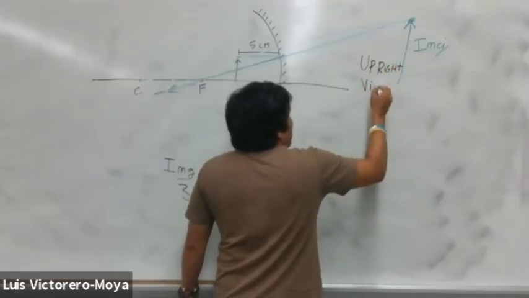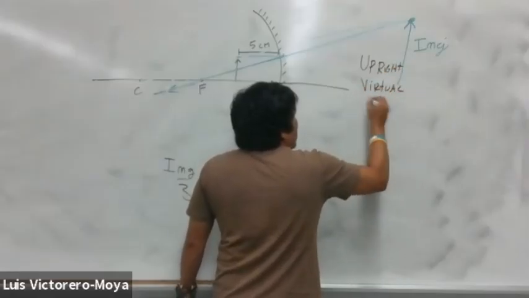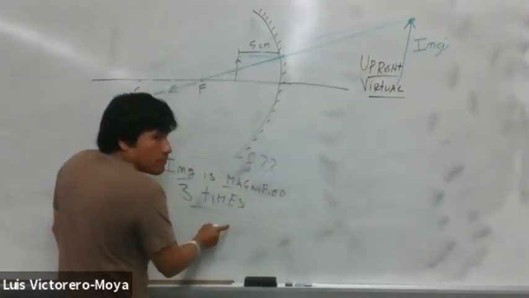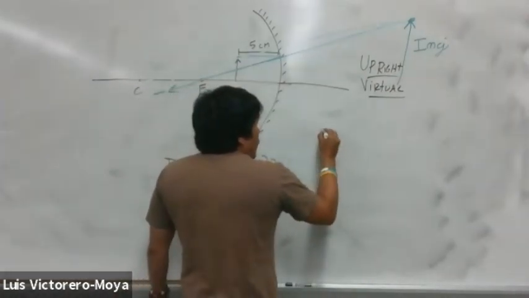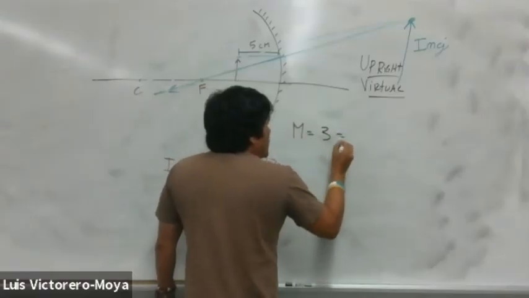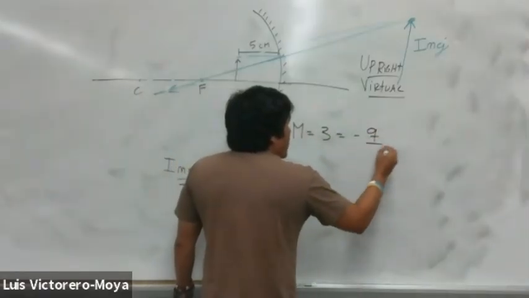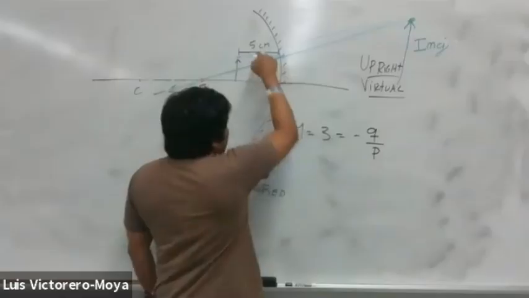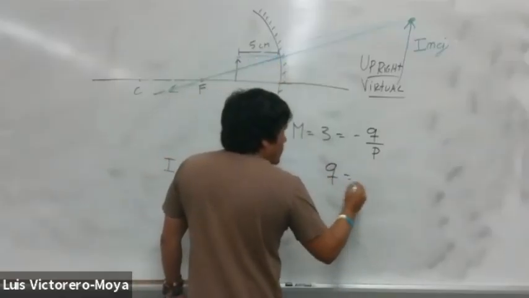But we also want it to be 3 times as big. So 3 is the magnification, which is minus Q over P. But P is 5. So how much is Q?